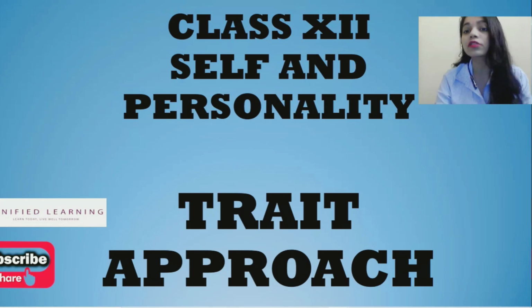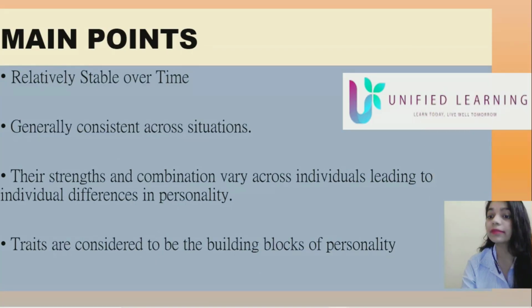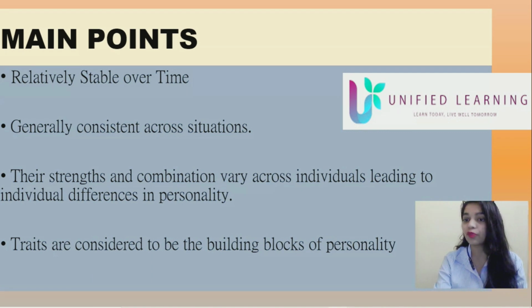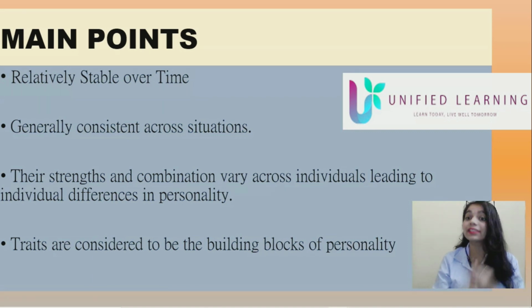Let's talk about the trait approach in more detail. The main points are that a trait is relatively stable over time and generally consistent across situations. The third point is that their strengths in combination vary across individuals, leading to individual differences in personality.